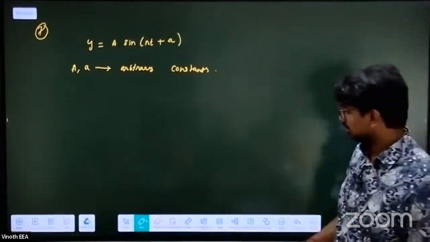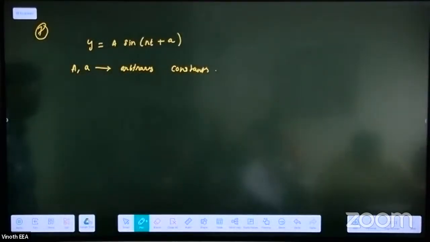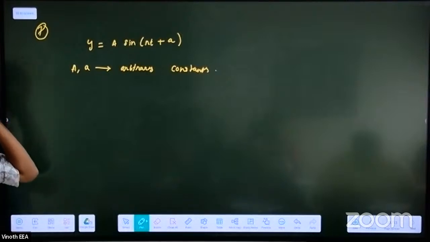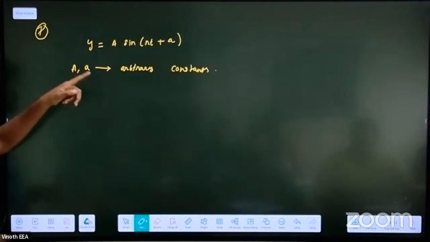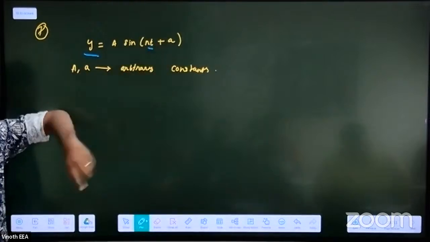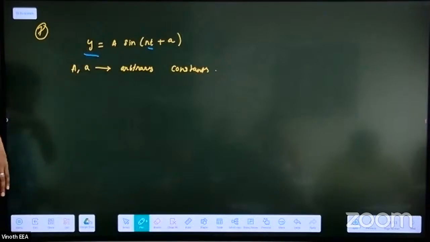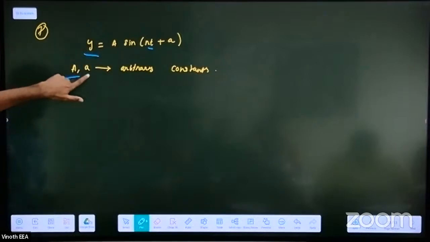So when solving this, I need to eliminate both capital A and small a. Will it give me PDE or ODE? ODE, obviously, because there is one dependent variable and one independent variable. How many times do I need to differentiate? Two times, since I have 2 arbitrary constants.